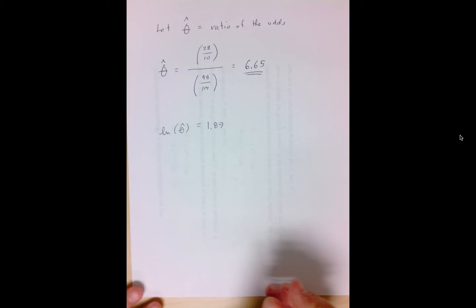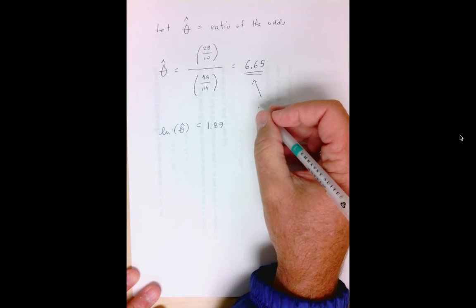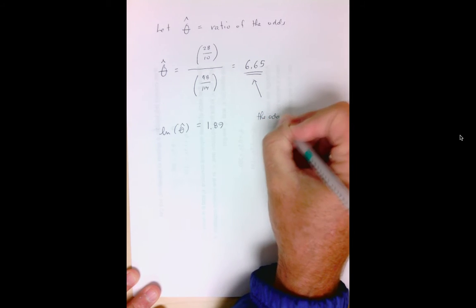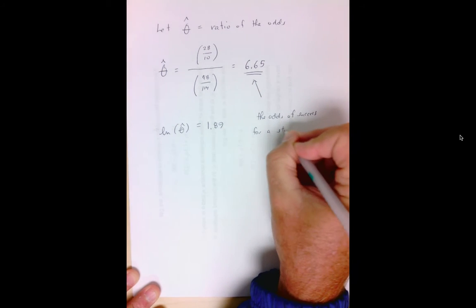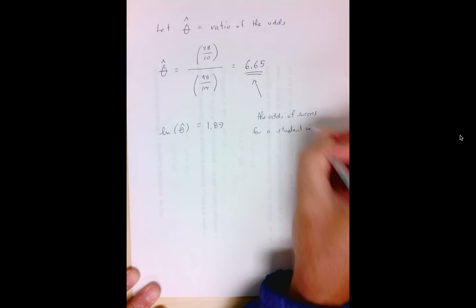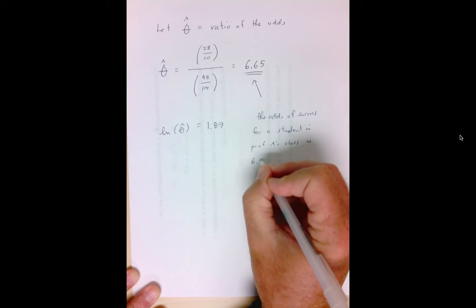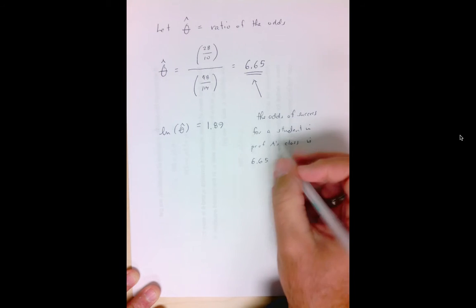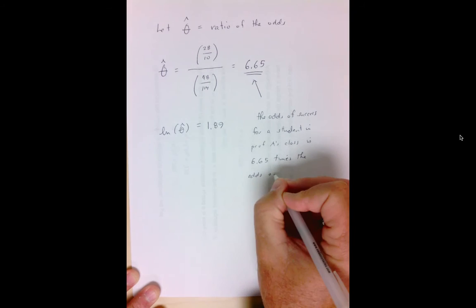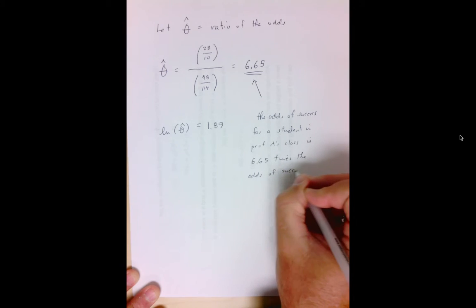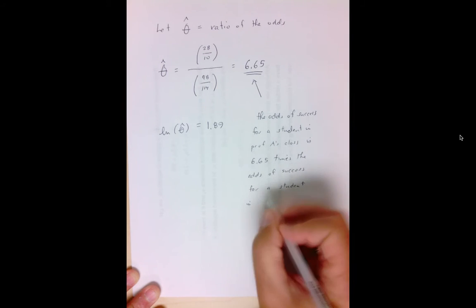Now, this tells us that the odds of success for a student in Professor A's class is 6.65 times higher than the odds of success for a student in Professor B's class.